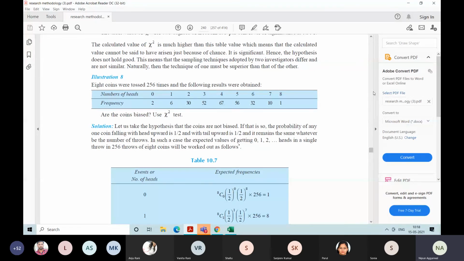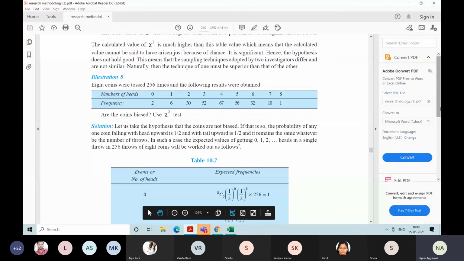Now what is the expected frequency? The expected frequency you have to calculate with the binomial distribution. Like n is 8, no head is 0, so 8C0, probability of head is 1 by 2 and 1 by 2, into 256 cases.